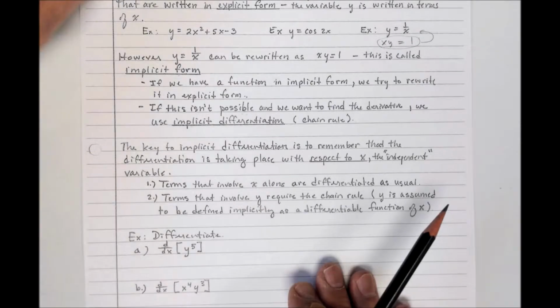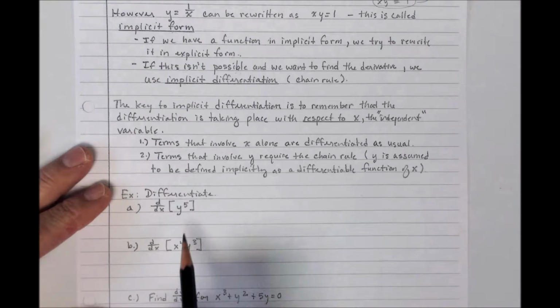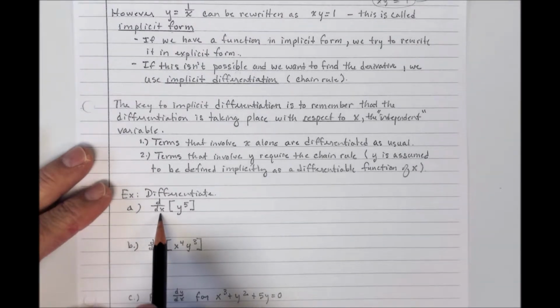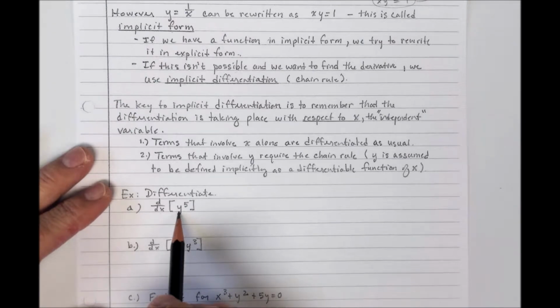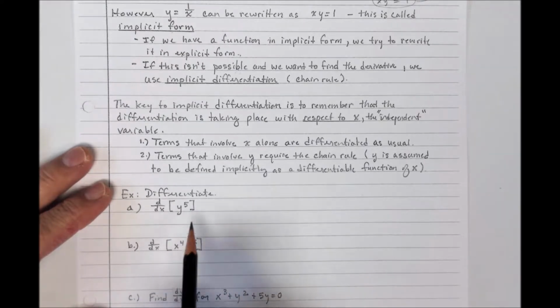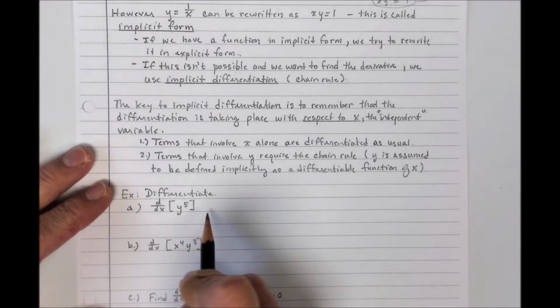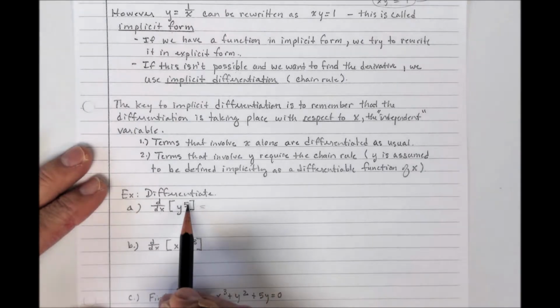Here, for example, I'm asking you to take the derivative with respect to x of y to the 5th power. So we have to think of y as a differentiable function of x, like it was 2x squared plus 3, or the sine of x. So we would use the chain rule, because first we would do it with respect to the outer function.